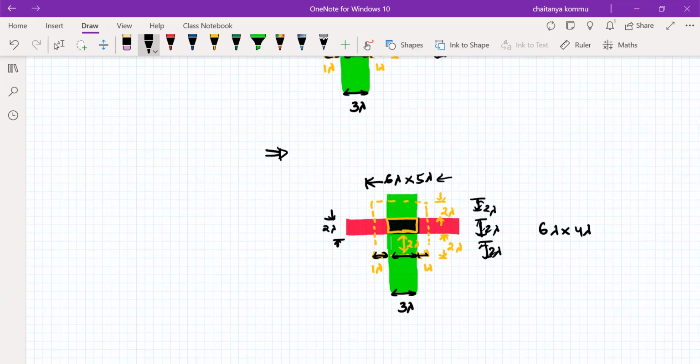Okay, so better I should take it this way. We have to consider the metal over there.